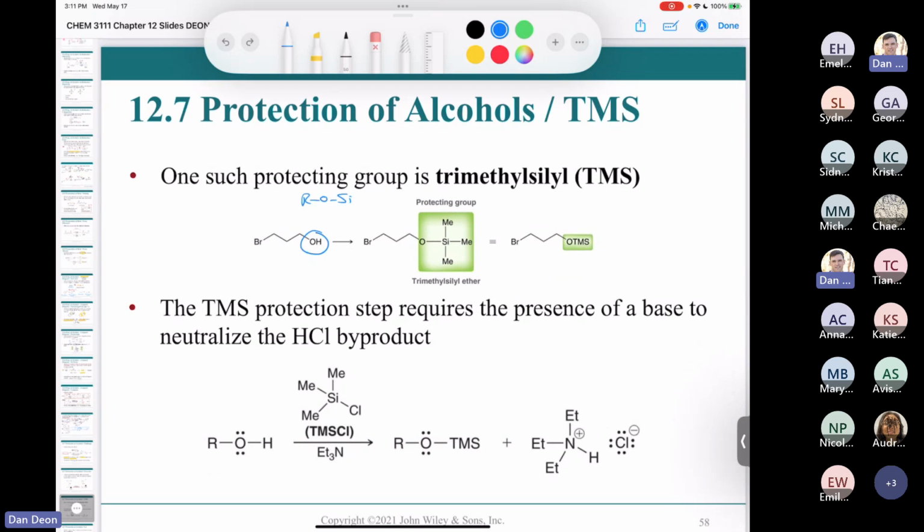Now, if you're wondering, you're going to teach me how to make that, and the answer is absolutely I will. The way that we make it is we use trimethyl silyl chloride, this compound here. We have the acronym for it, which is TMSCl, and then we put that in Et3N. That stands for triethylamine.